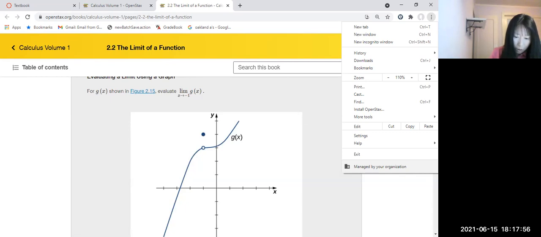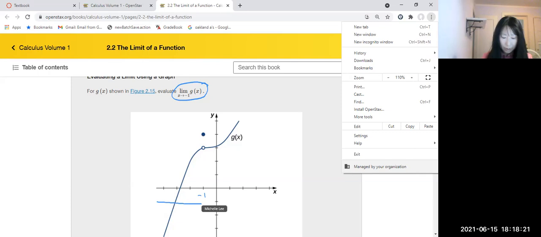Okay, so we want to know, when x approaches -1, what's the limit of g of x? So -1 is here, right? When we approach -1 from the left, what do you get?